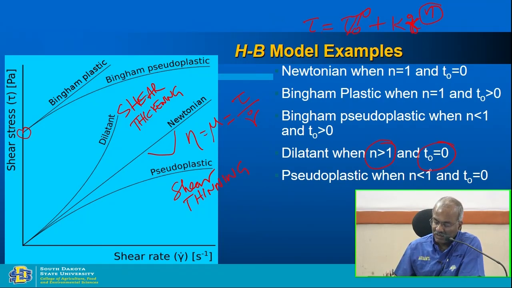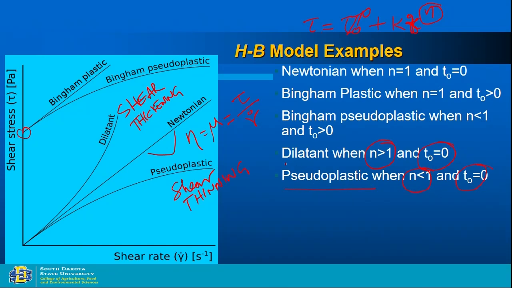If N is less than 1 and no yield stress, that's called shear thinning, pseudoplastic. The Bingham pseudoplastic, N is 1, but yield stress is there, so tau 0 is greater than 0. So that's how you interpret the whole graph.